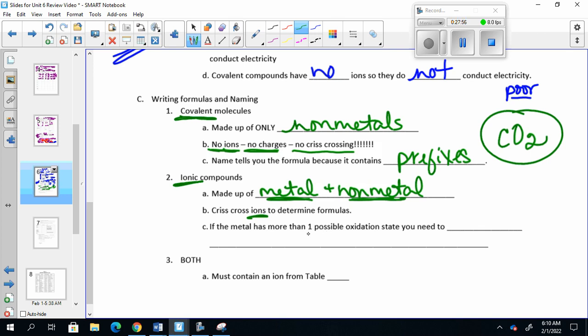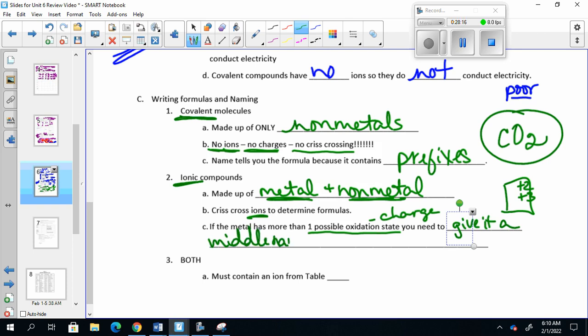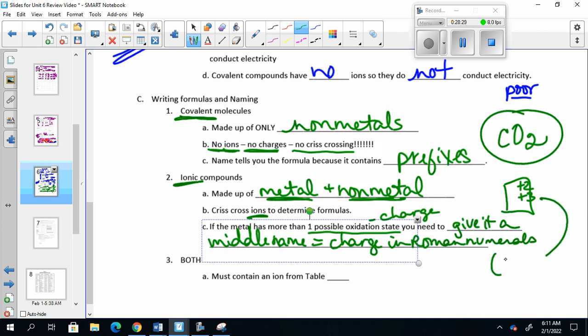If the metal has more than one possible oxidation state, so more than one possible charge up there in the top right corner, like let's say it could be a +2 or a +3, then you need to give it a middle name. The middle name is equal to the charge in Roman numerals. So for example, if I wanted that 3, I would give it the middle name 3.